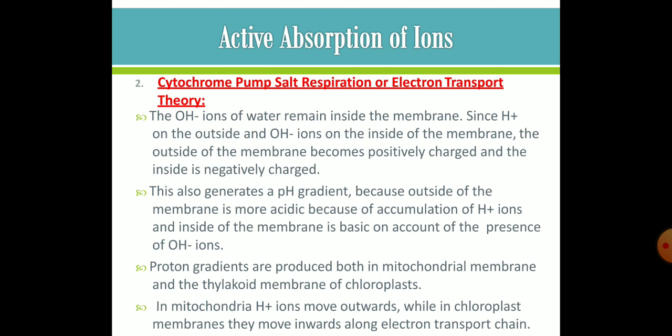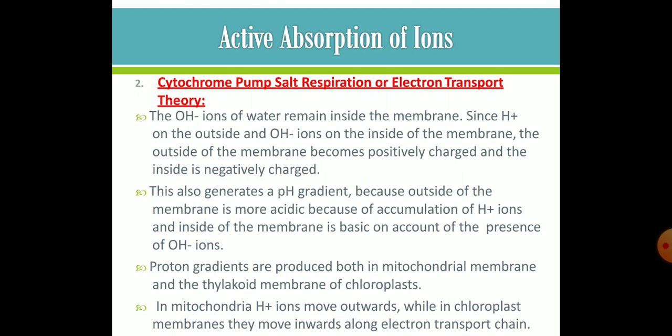Since the H plus ions are on the outside and OH minus ions on the inside of the membrane, the outside of the membrane becomes positively charged and the inside has the negative charge, and this generates the pH gradient.